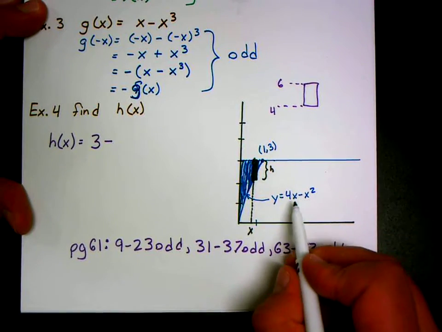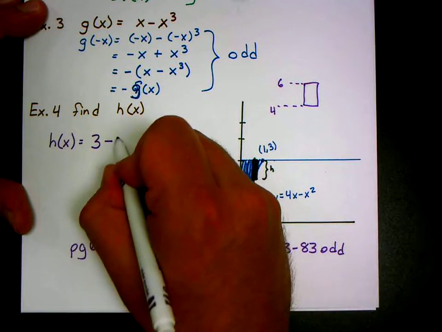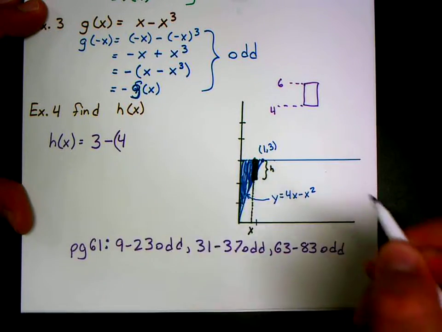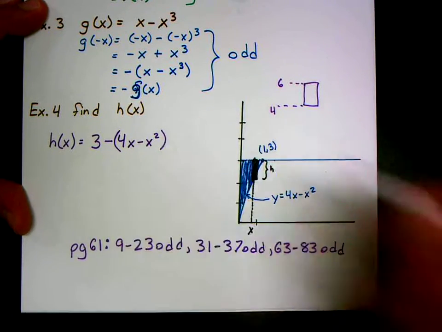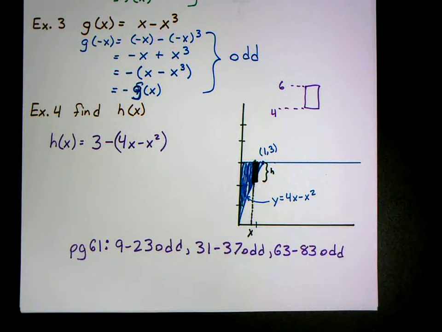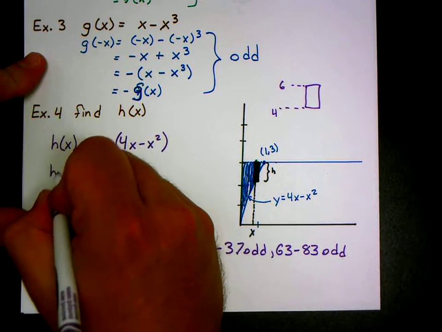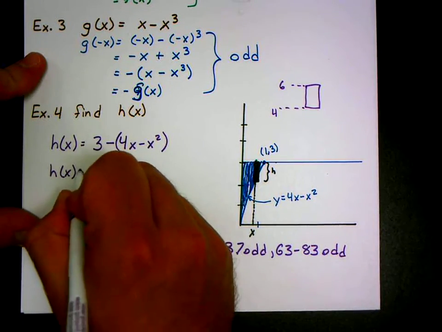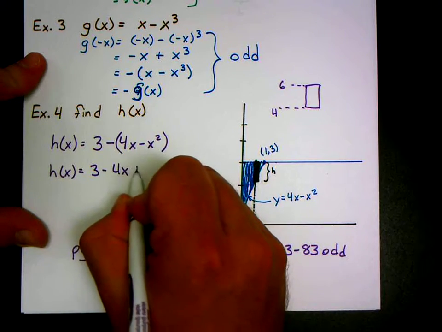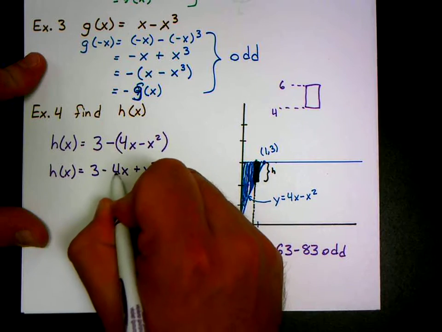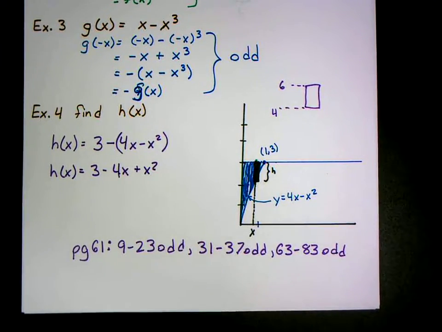At any given time, this y value is 4x minus x squared. So there's a function for the height.